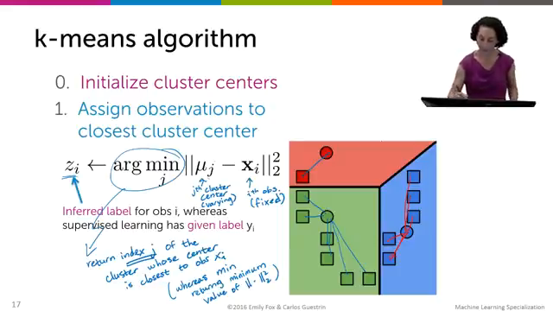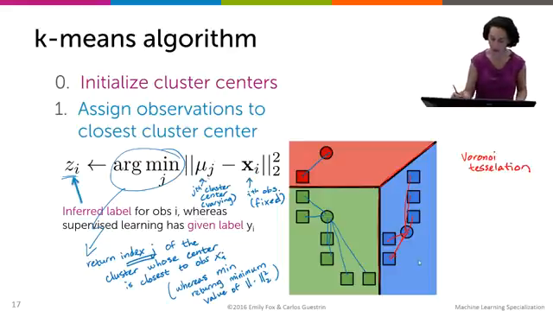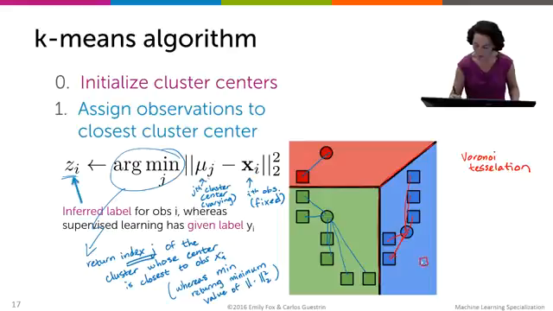And this little partitioning of this 2D space into these different colors is called a Voronoi tessellation. What it represents is that if any point falls into, for example, this blue region here, that means that the distance to this cluster center is smaller than it is to the distance to any of the other cluster centers.